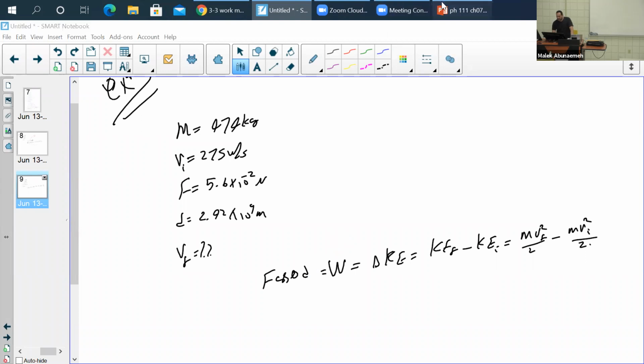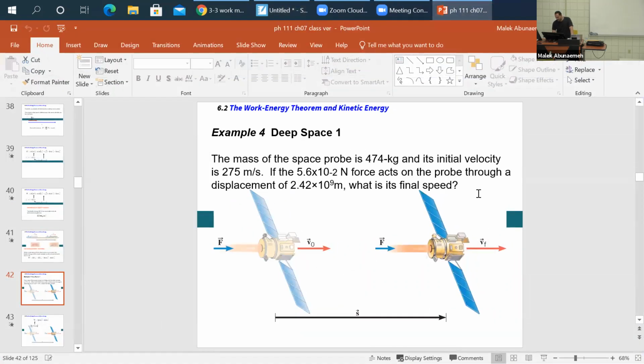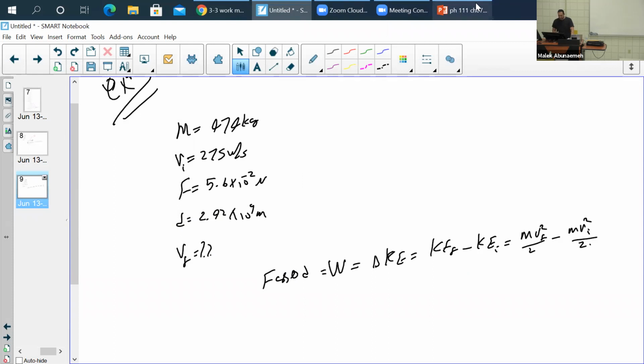Now, the satellite is actually going on the x-axis horizontal, so it's at the 0 degrees angle. So really, this cosine is going to go to 1.